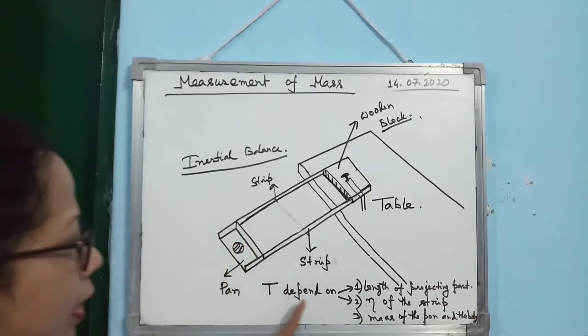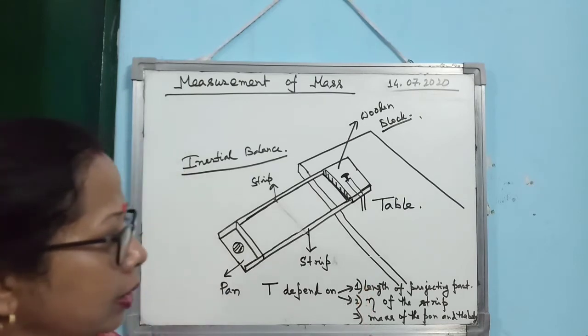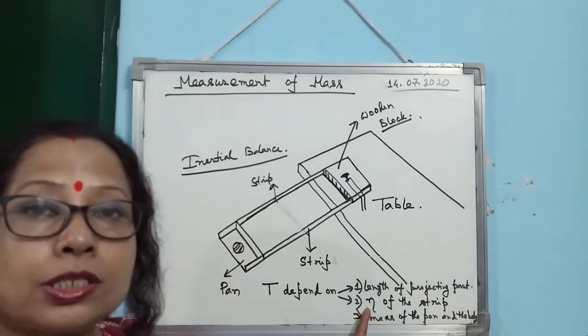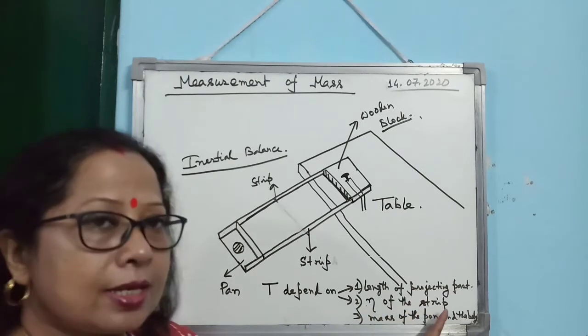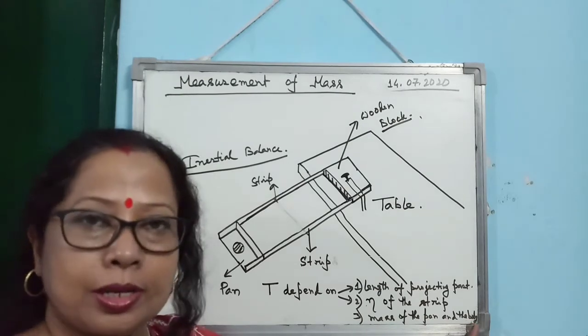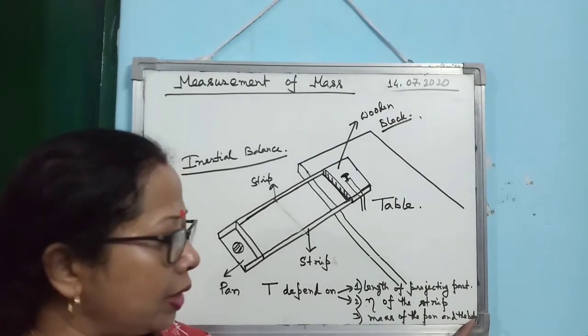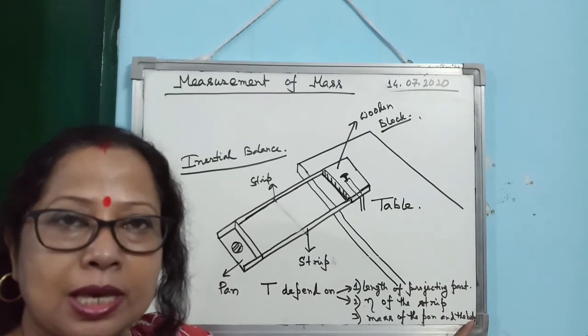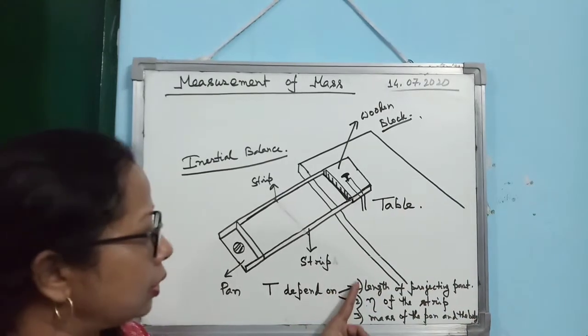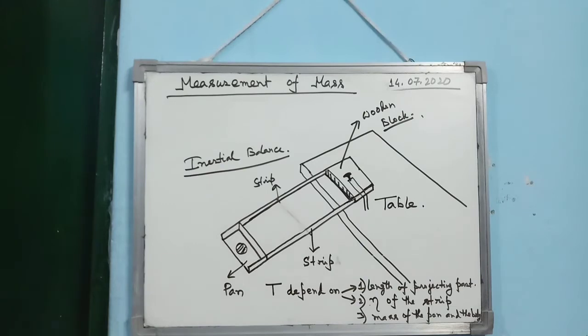So the time period of vibration depends on three factors: the length of the projecting part; eta, the modulus of elasticity of the strip; and the mass of the pan and the body. The word body I have written may not be visible, so I am saying it verbally. Please note it down properly in the notebook. So these are the three factors on which the time period of vibration of the pan depends.